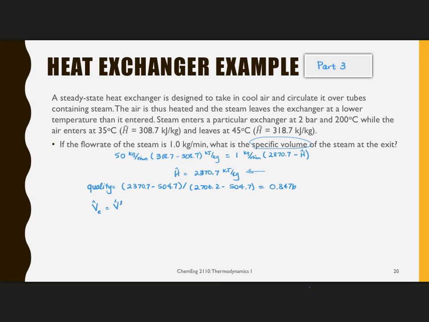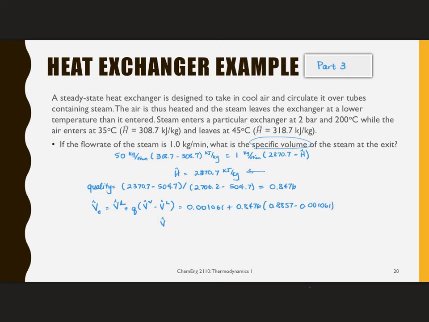And this now tells me that the specific volume of the exiting stream is going to be the specific volume of the liquid plus the quality times the specific volume of the vapor minus the specific volume of the liquid. I guess I could have written that as a capital L like I've been doing. If you look those up, 0.001061 plus 0.8476 times 0.8857 minus 0.001061.